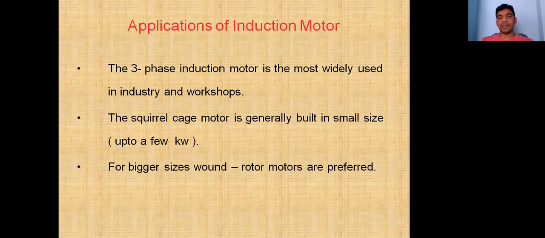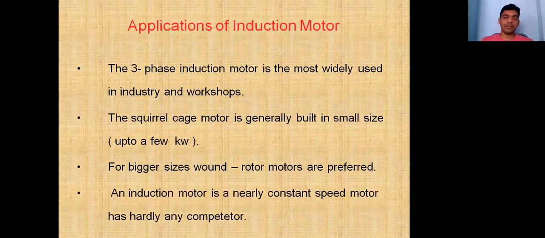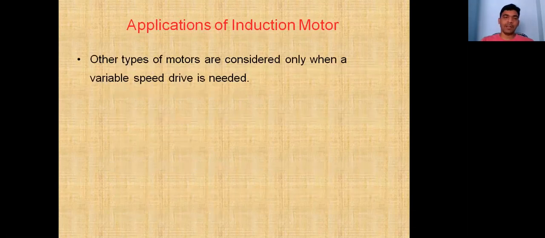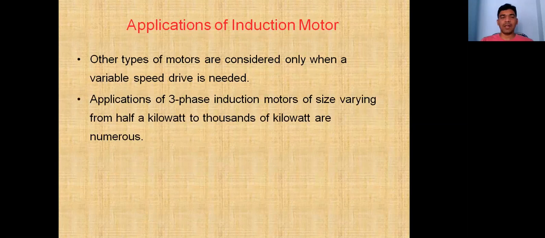For bigger sizes, wound rotor motors are preferred. An induction motor is a nearly constant speed motor and has hardly any competitor. Other types of motors are considered only when a variable speed drive is needed.